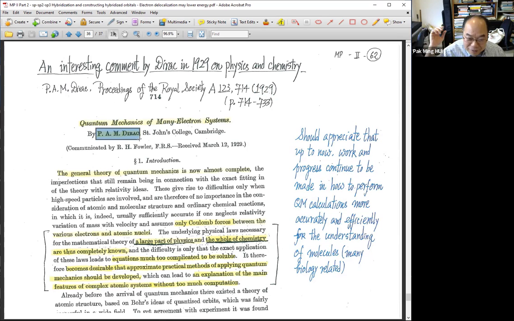Dirac was a lonely physicist, maybe, but he wrote all the papers alone. Fowler was actually his PhD supervisor, but you don't find papers by Dirac and Fowler. Now, this one is communicated by him, meaning he submitted the paper to Fowler and asked him to serve as the editor, review it, and decide whether it can be published.